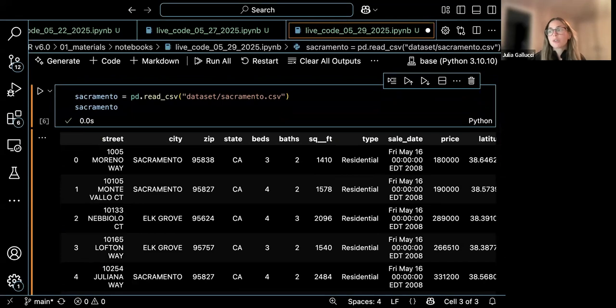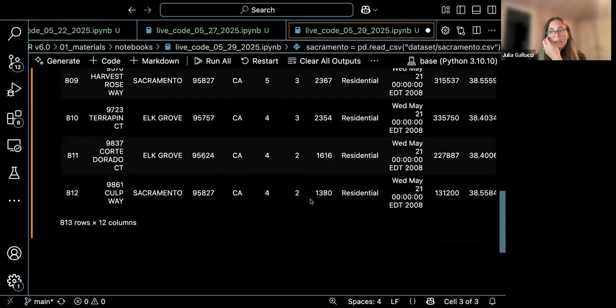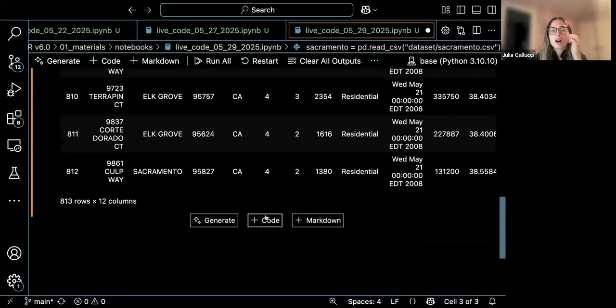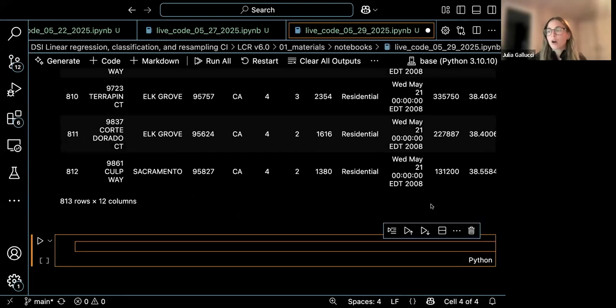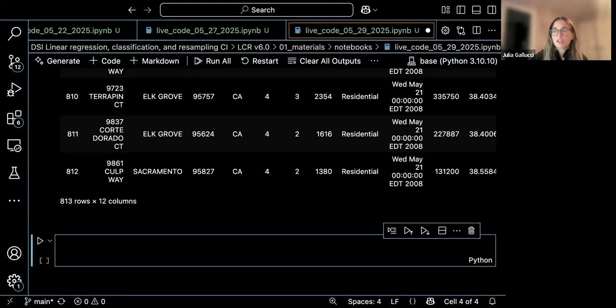Given our research question, we can see that the columns we're interested in are square foot, which represents the house size in square feet, and price, which is the house price in US dollars. So before doing any modeling, we're just going to plot a scatter plot between X and Y. I'm going to copy and paste this into the chat as well.